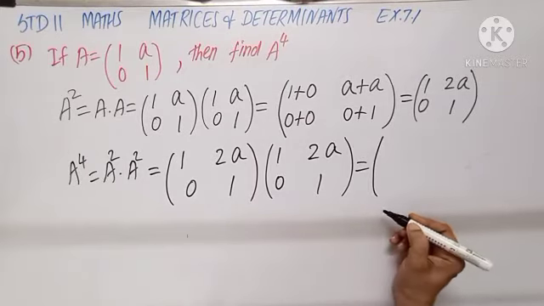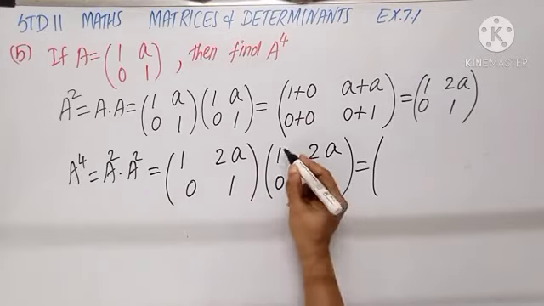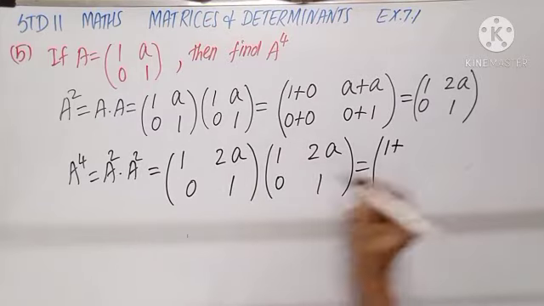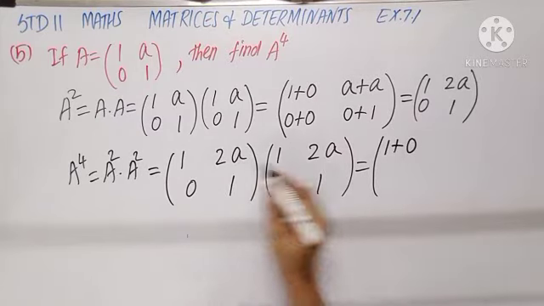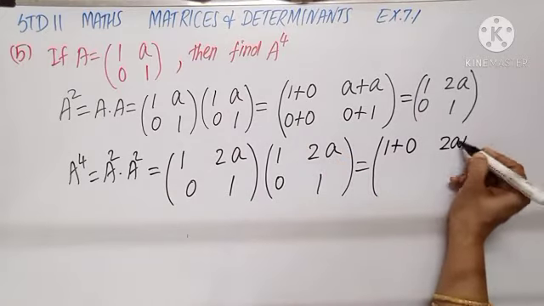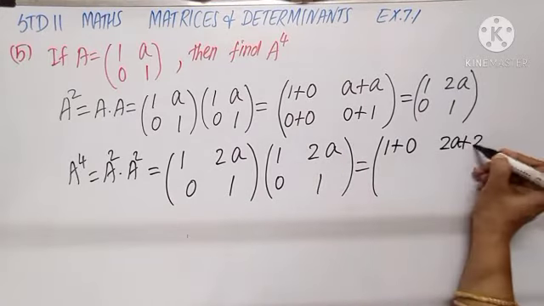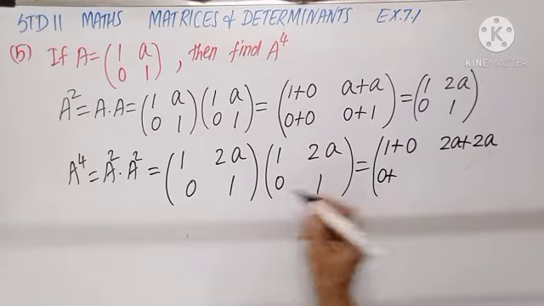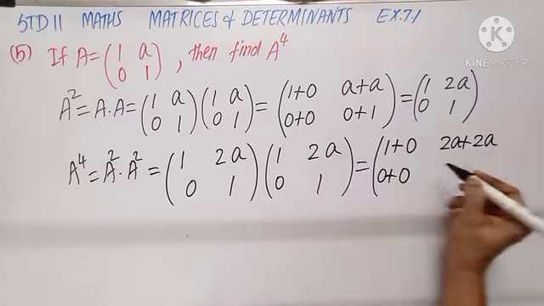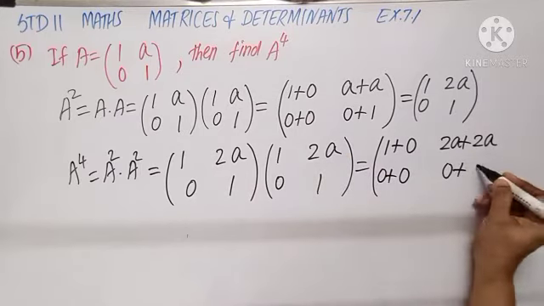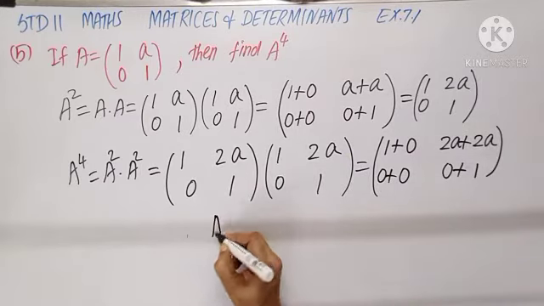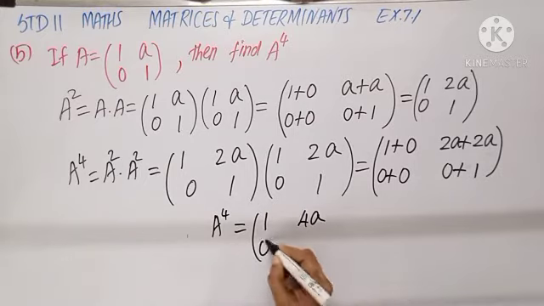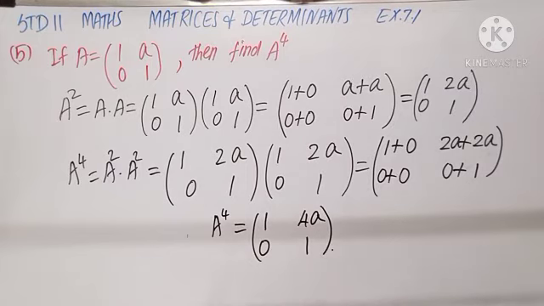As we multiply, again row by column. 1 into 1 plus 2A into 0. 1 into 2A plus 2A into 1. 0 into 1 plus 1 into 0. 0 into 2A plus 1 into 1. So what is our answer? A power 4 is [1 4A; 0 1].